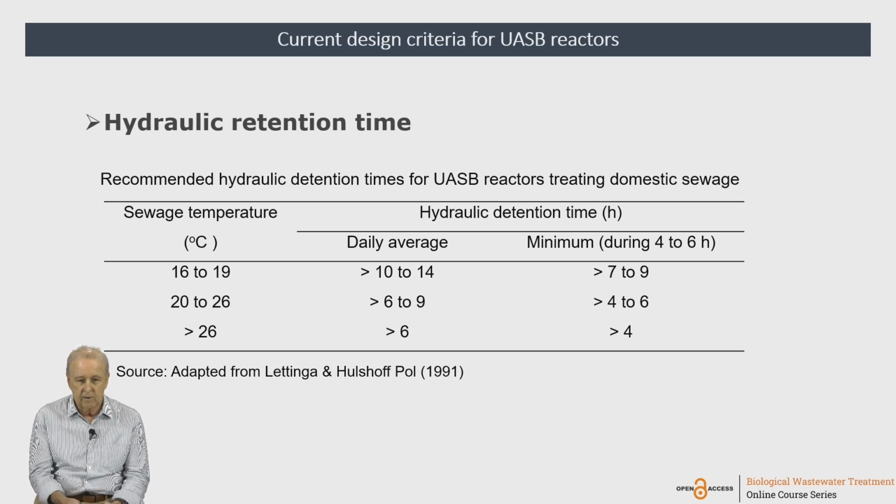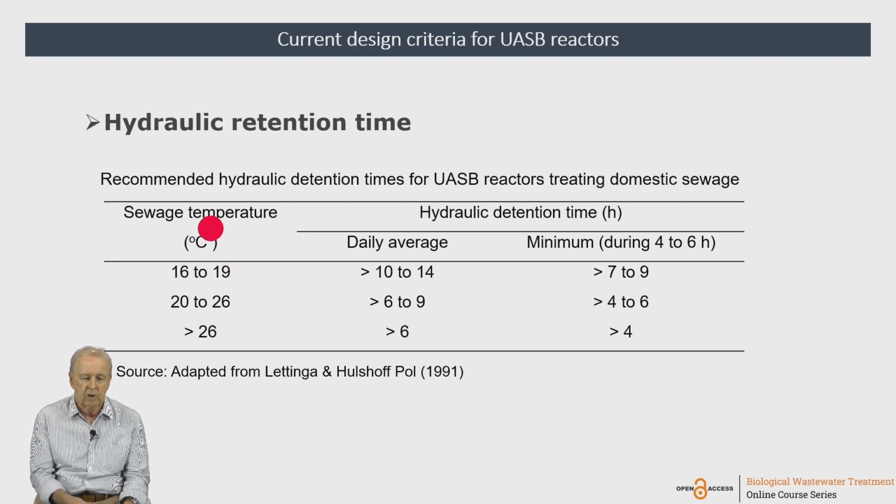So as the process is governed by the retention time, or in other words, by the flow rate of the wastewater, the hydraulic retention time is dependent on the temperature of the wastewater. And here we have 3 ranges.